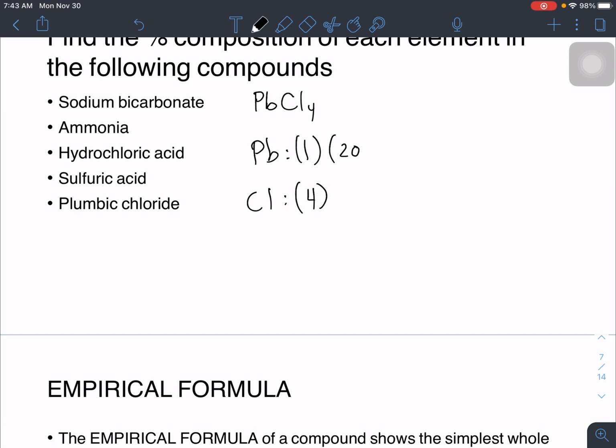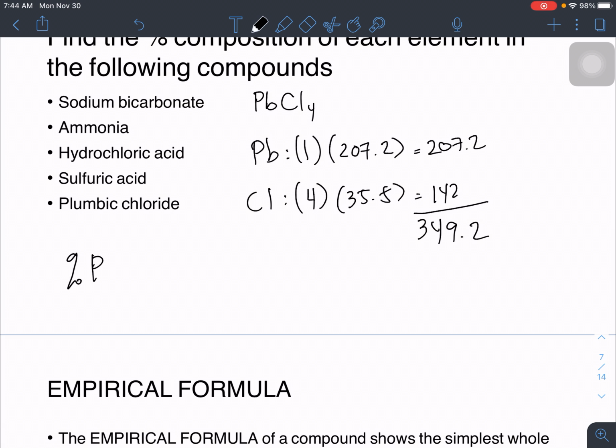Lead has 207.2, so this will be equal to 207.2, and chlorine has 35.5. I am sorry, this will be 35.5 times 4, so that will be 142. Adding these two, this will be equal to 349.2.